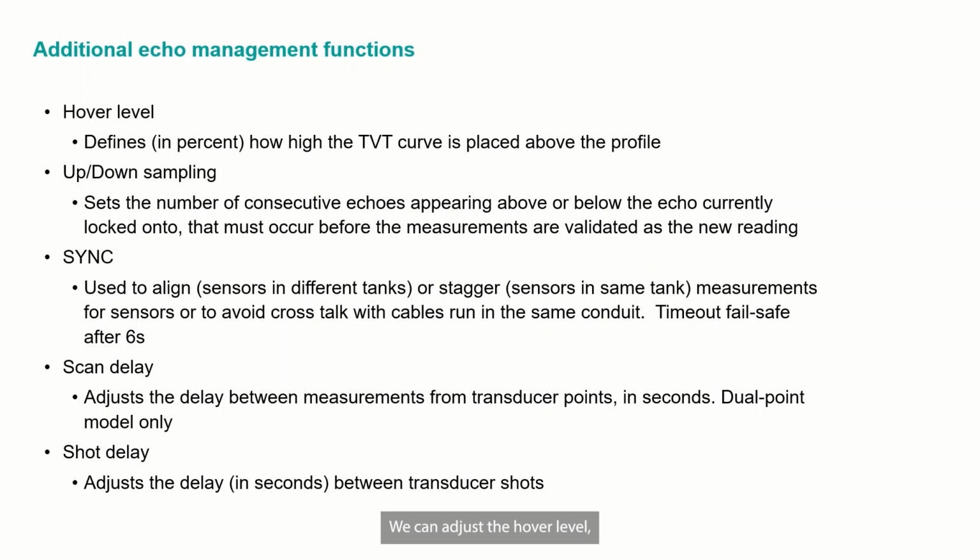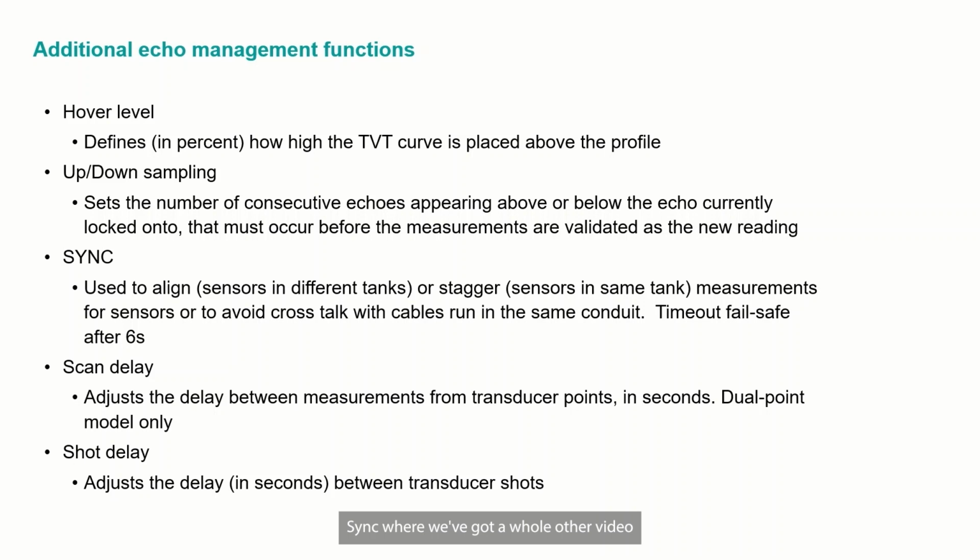We can adjust the hover level, which is a percentage of how high the TVT curve will be placed above your profile. We can adjust up and down sampling, which again is the number of consecutive echoes appearing above or below the currently locked on echo that must occur before the measurements are valid and go to the new reading.